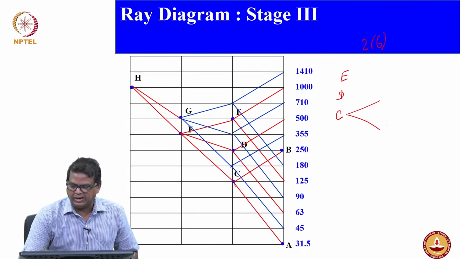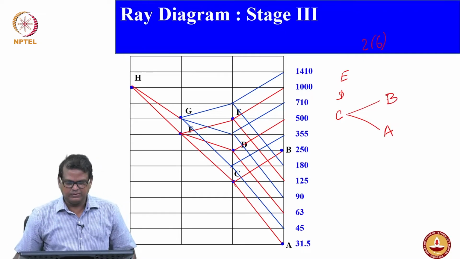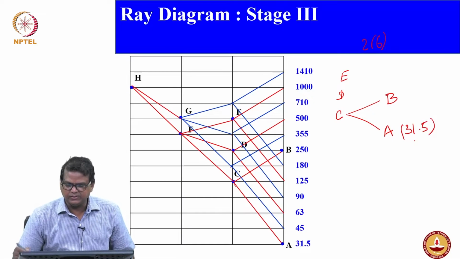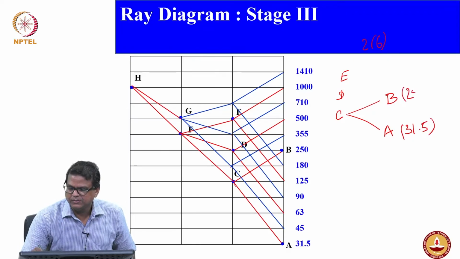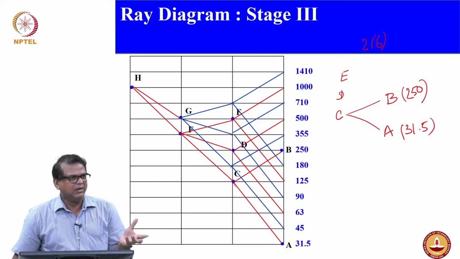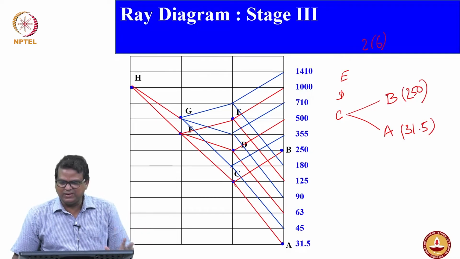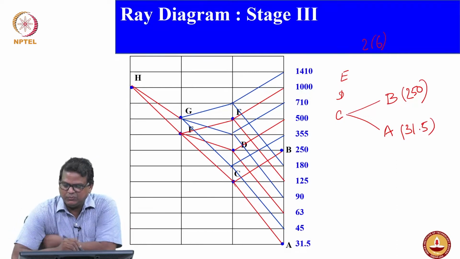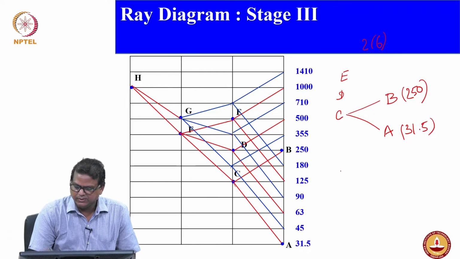So that is A, and this is B, A and B. So A would be 31.5 rpm and B is 250 rpm, okay. Which indicates high speed and low speed. When you want a high speed, the gear should be as small as possible.